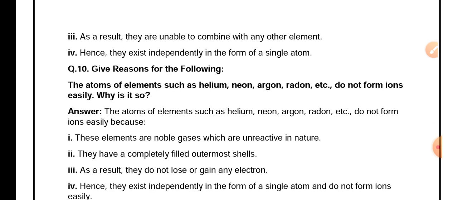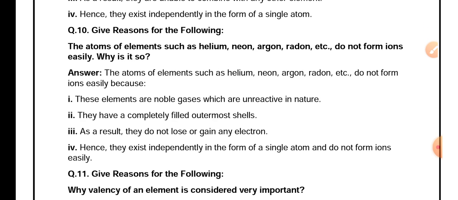Give a reason for the following. The atoms of elements such as helium, neon, argon, radon, etc. do not form ions easily. Why is it so? The atoms of these elements do not form ions easily because these elements are noble gases which are unreactive in nature.